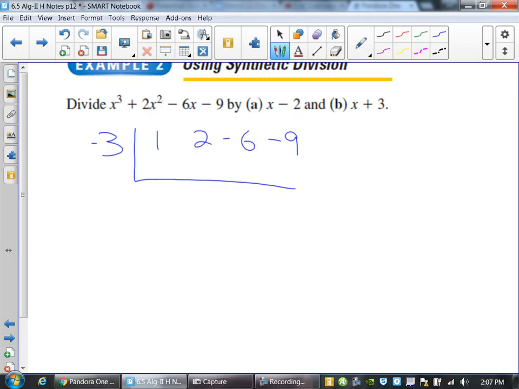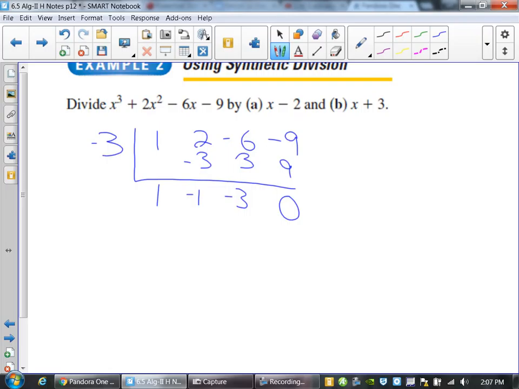Using synthetic division, the first step is always to drop the first term, multiply and add, multiply and add. And I get 0 at the end. Since I got a 0 at the end, that meant there was no remainder, which means x plus 3 is a factor of x cubed plus 2x squared minus 6x minus 9.